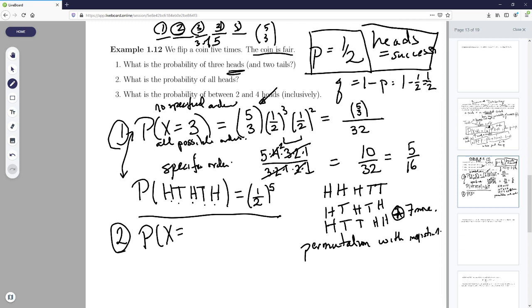Oh, yeah. So, how do you do that? Well, you write out the word that you want to permute. HHHTT is the word. Then you count up the number of repetitions: 3 times heads, 2 times tails, and then you write 5 factorial over 3 factorial 2 factorial. So actually this 5 choose 3 is a permutation of sorts. It's the number of distinct permutations.